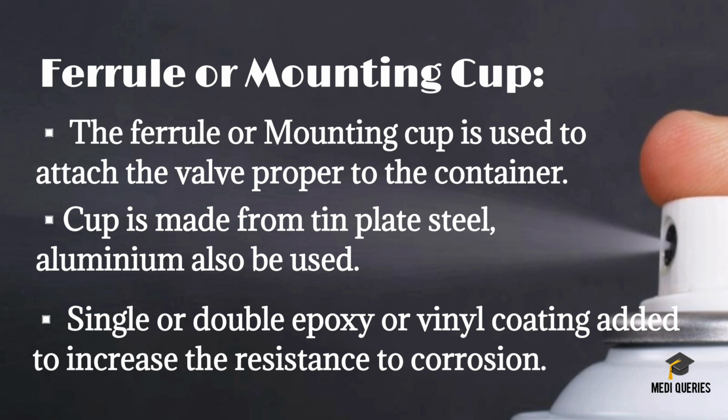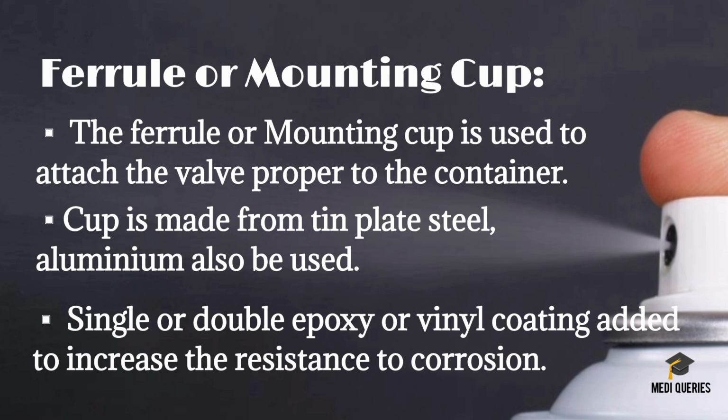The cup is made from tin plate steel, although aluminum can also be used. Since the underside of the valve cap is exposed to the content of the container and to the effect of the oxygen trapped in the headspace, a single or double epoxy or vinyl coating can be added to increase the resistance to corrosion.